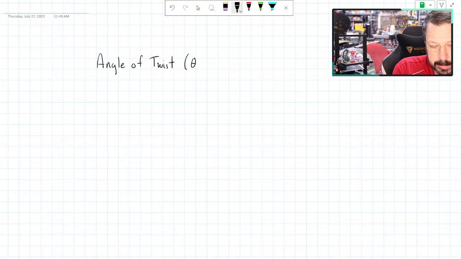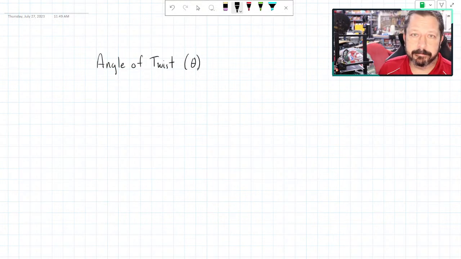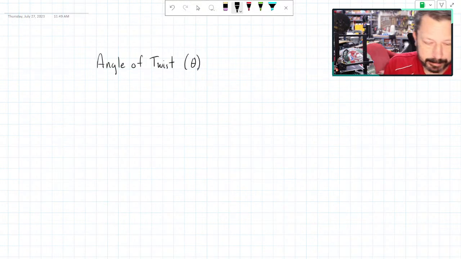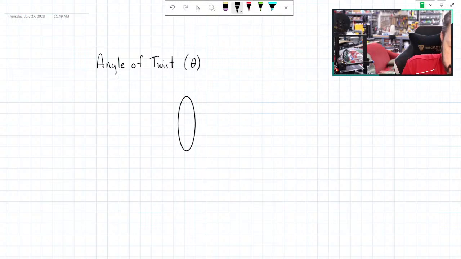It's going to be theta, and let's just draw a shaft, label stuff, catch up from last time, and let's do this one sort of in isometric.